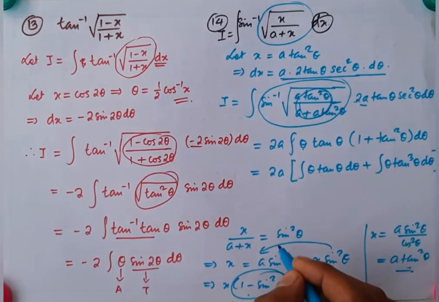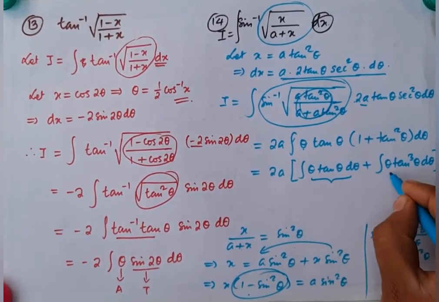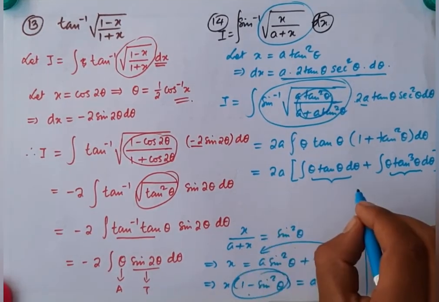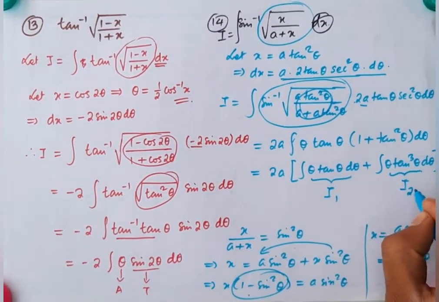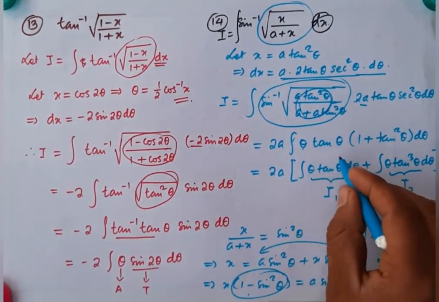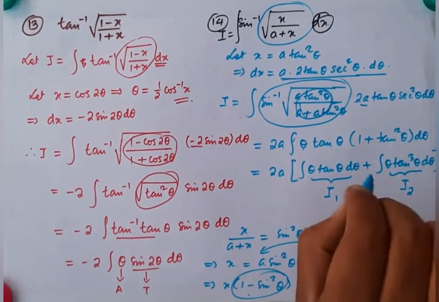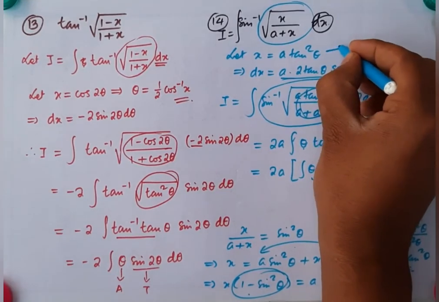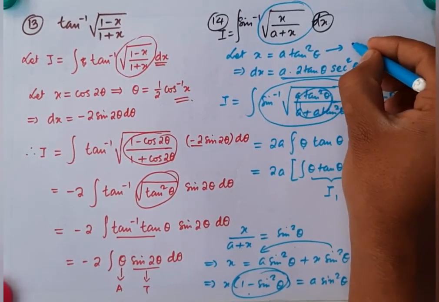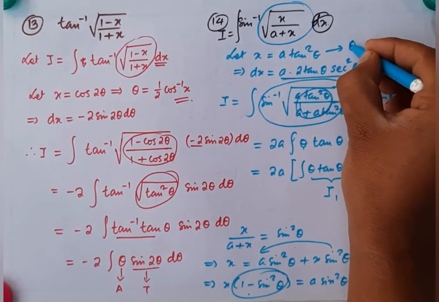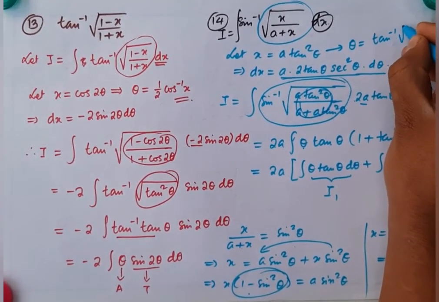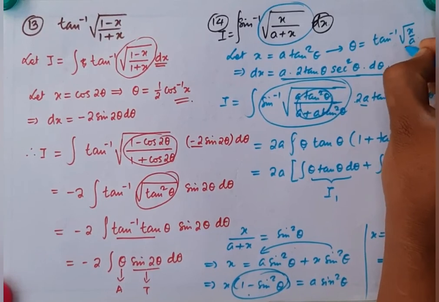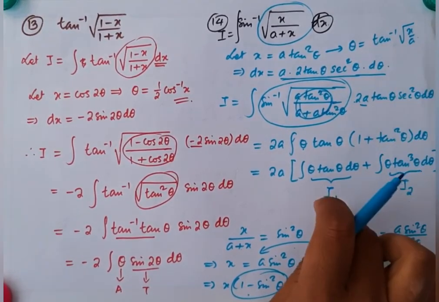See, this is one integral, this is another integral. So there are two integrals that have to be evaluated. You call this I1, you call this I2. Find the value of them separately. Ultimately, substitute the value of theta from here. So the value of theta turns out to be theta equals tan inverse of square root of x by a. That's what you need to substitute at the end.